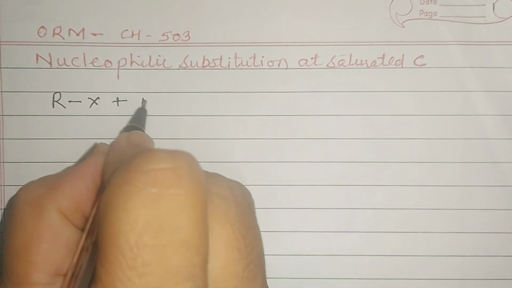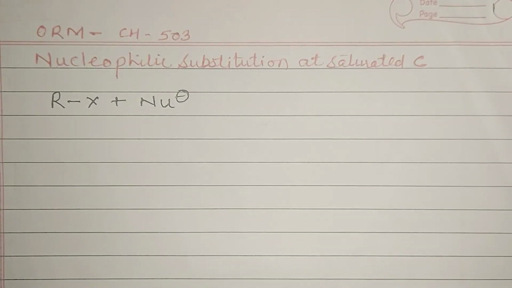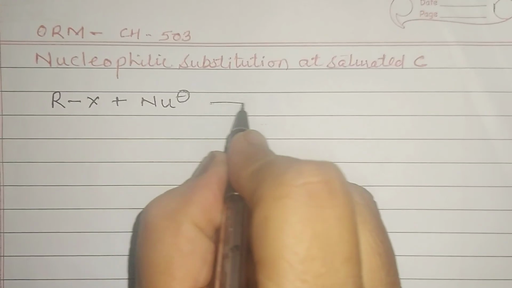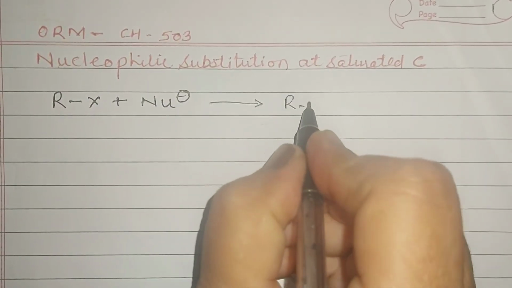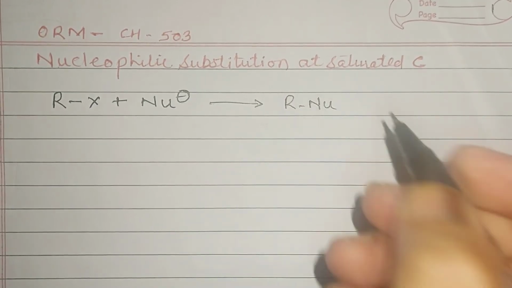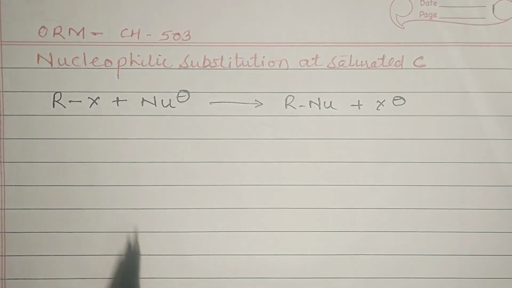When it reacts with a nucleophile, which is an electron rich species, it will give R-Nu plus X negative. This is the general reaction of nucleophilic substitution.